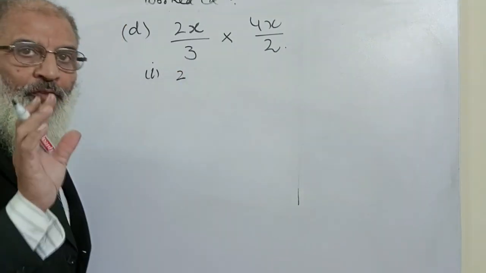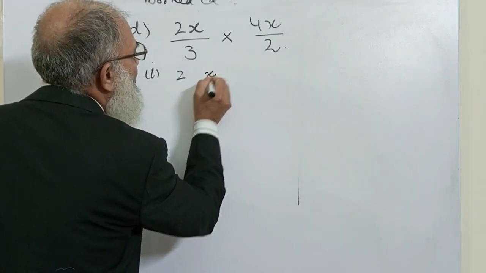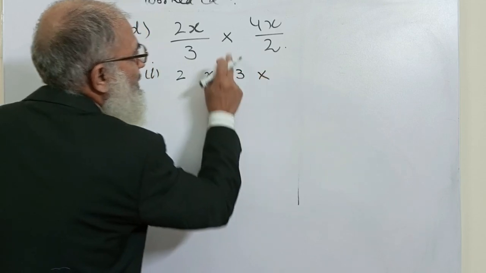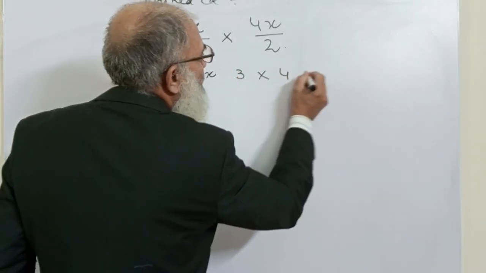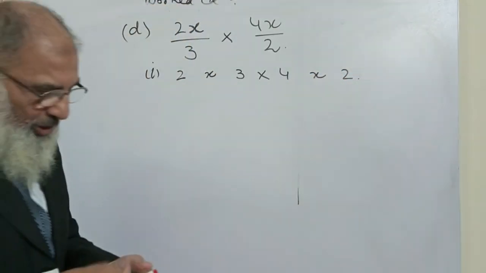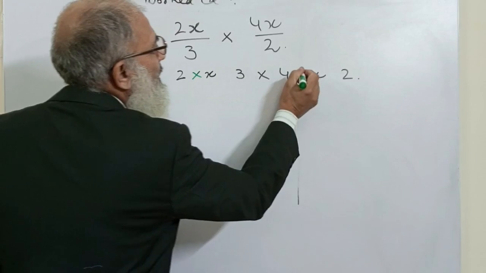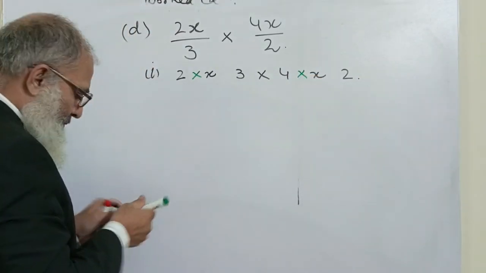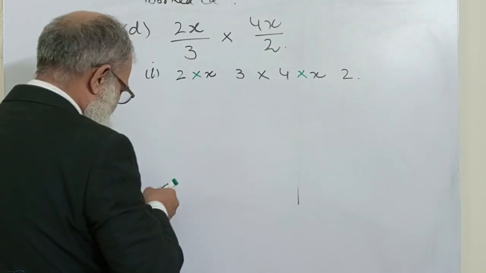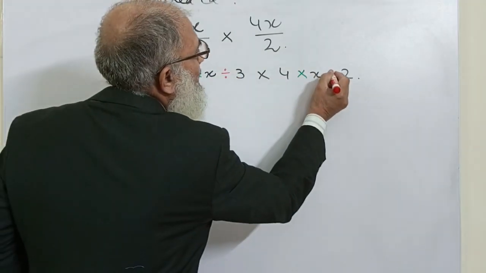So for your knowledge, I may tell you that it is like this: 3, then it is given 4x and 2. This is for your knowledge only. Now here it is a multiplication sign, here it is a multiplication sign again, and it is a division sign over here, a division sign over here.